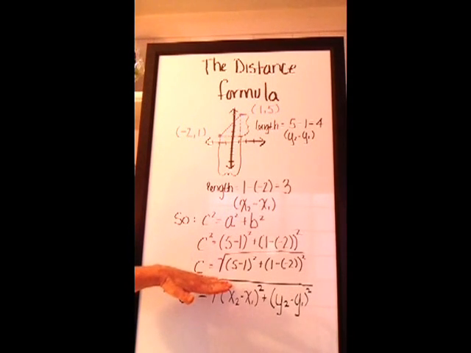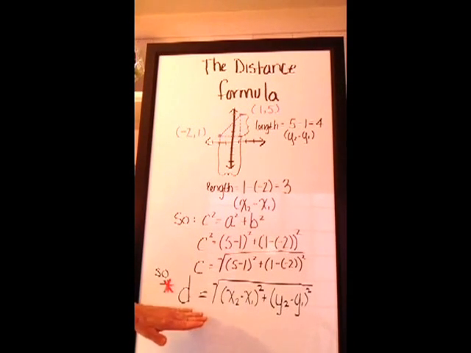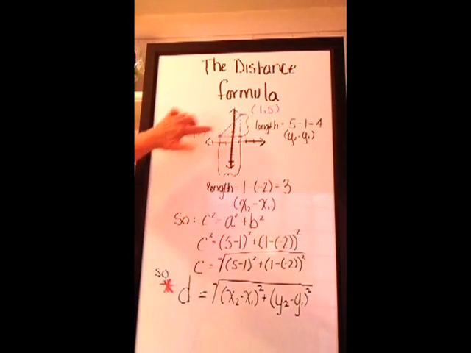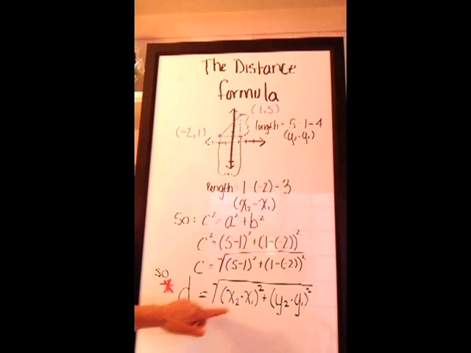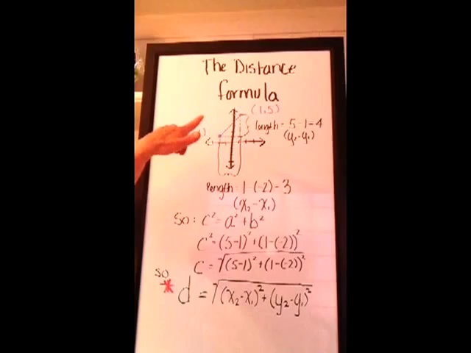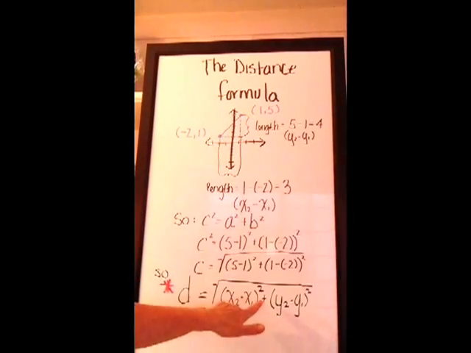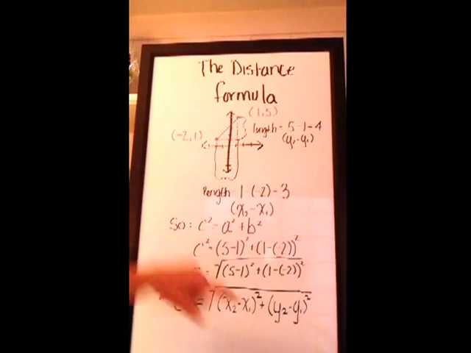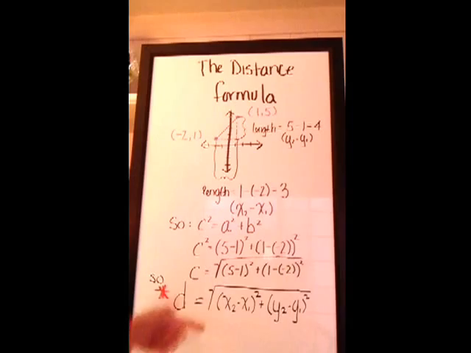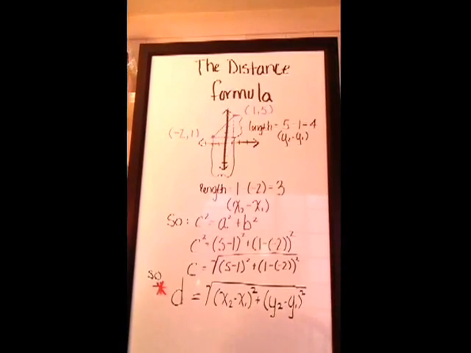And if I take the square root of both sides, you can see what I'm really doing here is just the Pythagorean theorem. But the distance formula states distance is equal to the difference in the x coordinates squared plus the difference in the y coordinates squared, and then I take the square root of that.